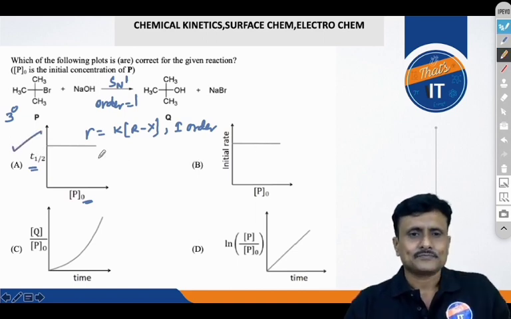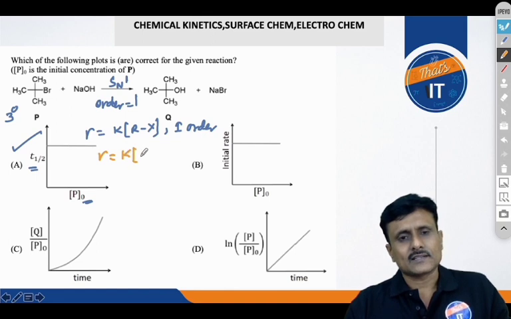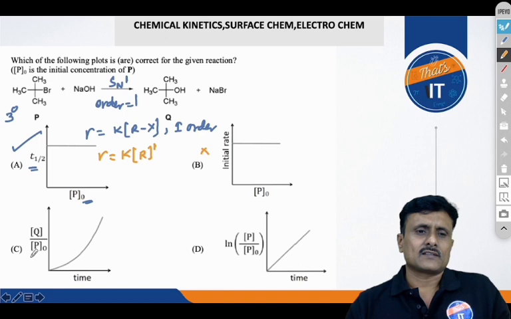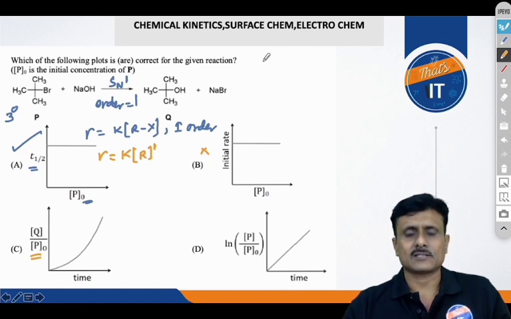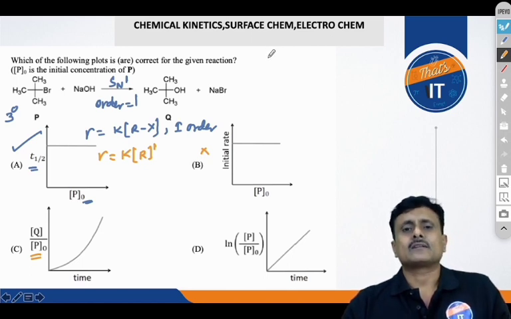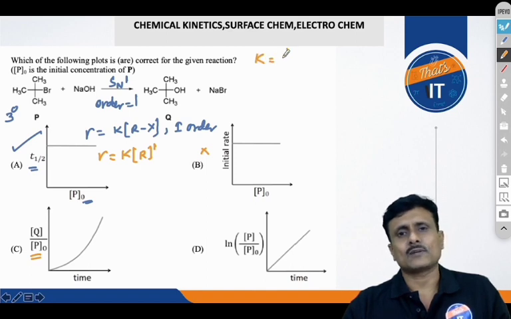However, rate increases linearly with the concentration of the reactant. So this is wrong. And let's see the concentration ratio of P by P naught. Alright, let's check it. It's a first order reaction. So we write K equal to 1 by T, natural logarithm of initial by final.